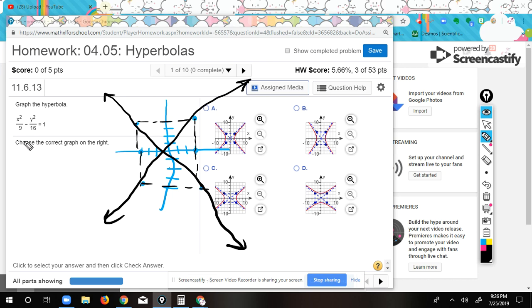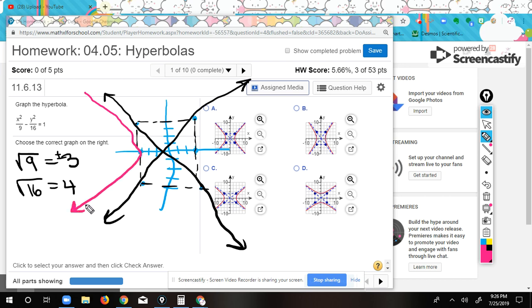So first we take the square root of that x value, and that tells us the intercepts, positive or negative. Then you take the square root of the y value, and that tells you how far up or down to go from that intercept. Then you draw your box, and the diagonals of that box turn into your asymptotes. Now we're going to use the intercepts and the asymptotes to draw in the curve of our hyperbola.